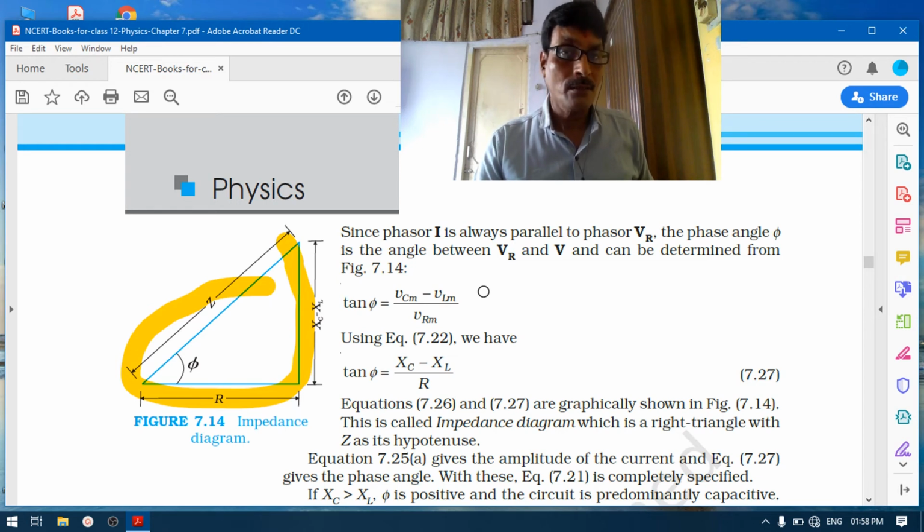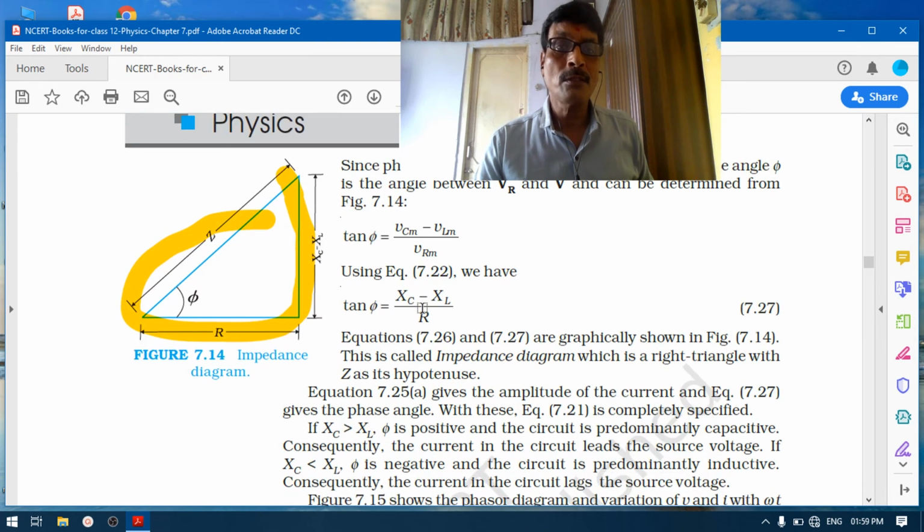So here VCM minus VLM divided by VRM. And now put the values in the form of XC and XL. So tan phi equals XC minus XL divided by R.